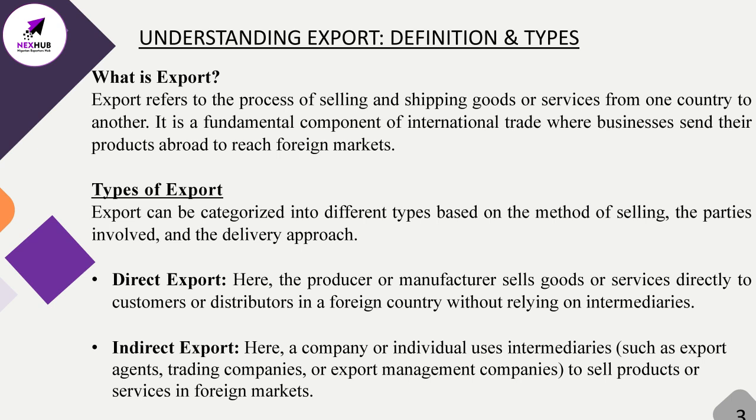Now, let's move to the second type of export, which is the indirect export. Here, the company or individual uses intermediaries such as export agents, export consultants, and trading companies to export their goods or their services. I'll give an example with the Nigerian Exporters Hub.